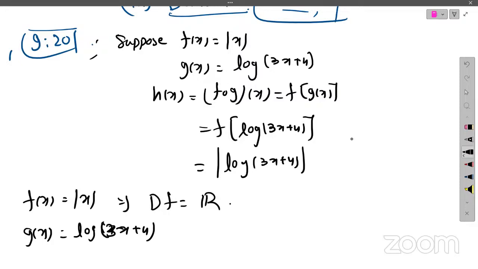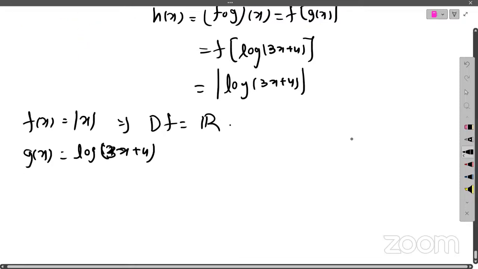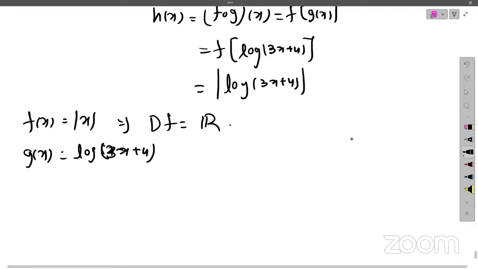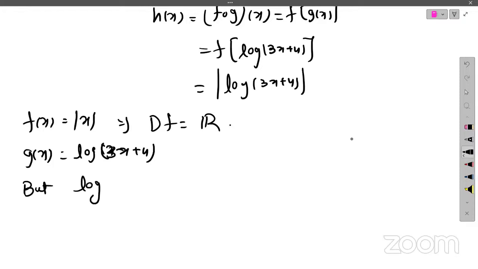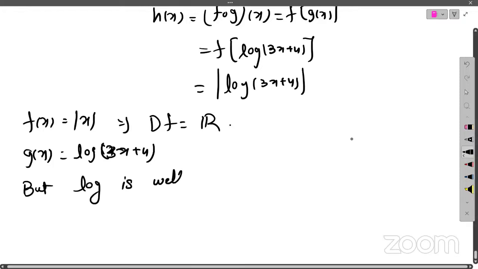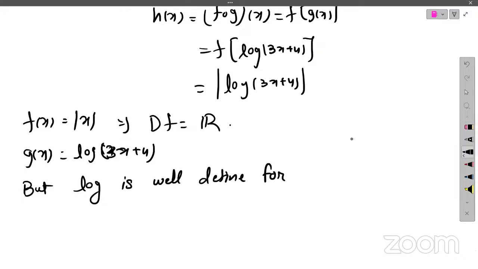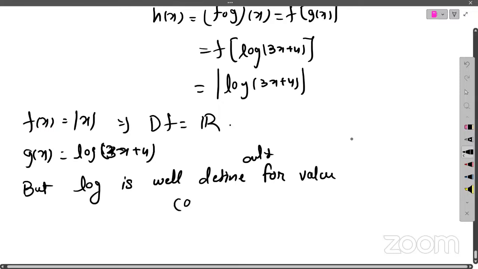We know that the log function is well defined only for values between 0 and infinity.